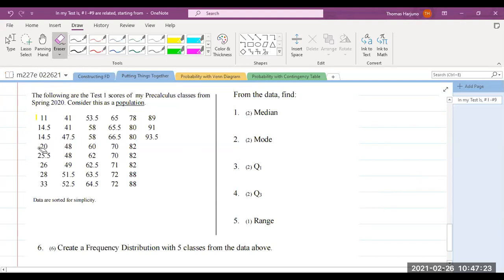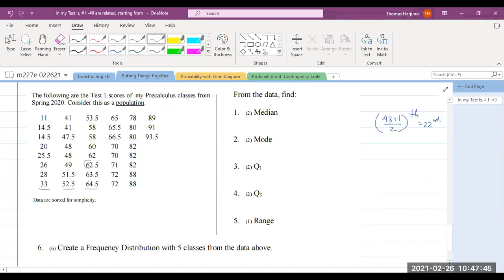So there are 43 data. So the median is 43 plus 1 over 2. That's the 22nd data. So data number 22 will be 8, 16, 24.